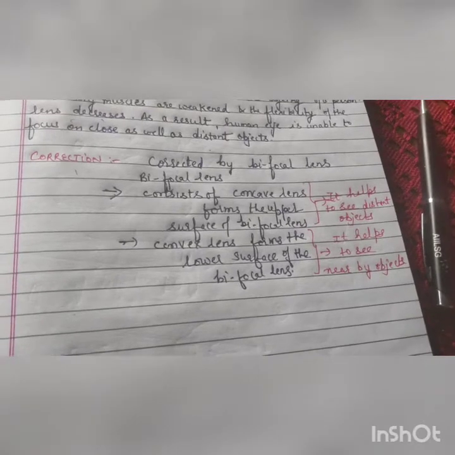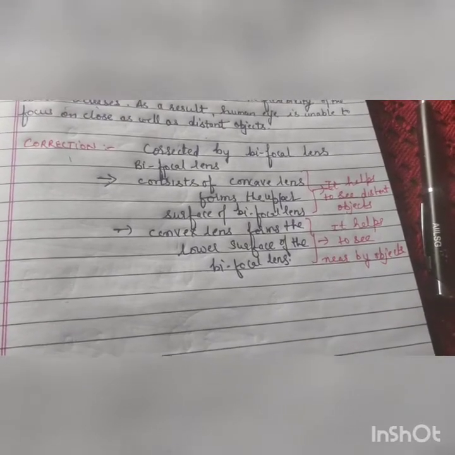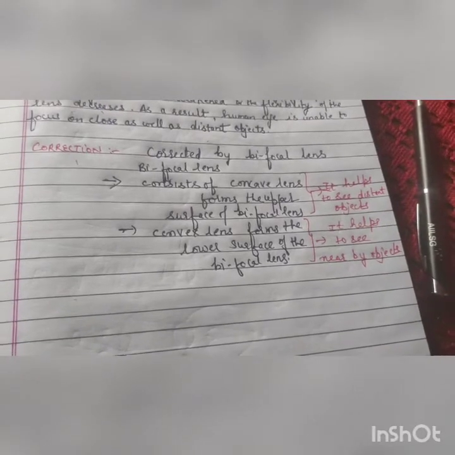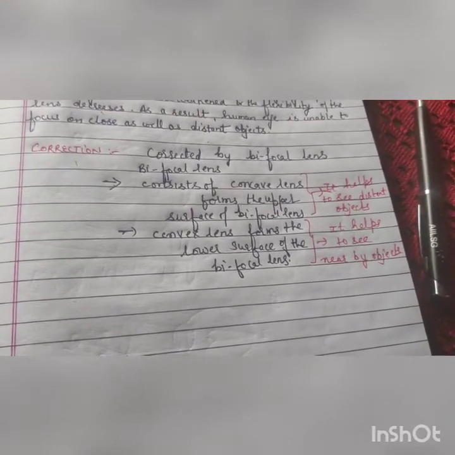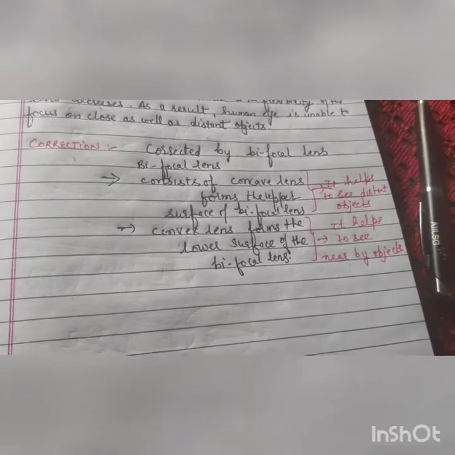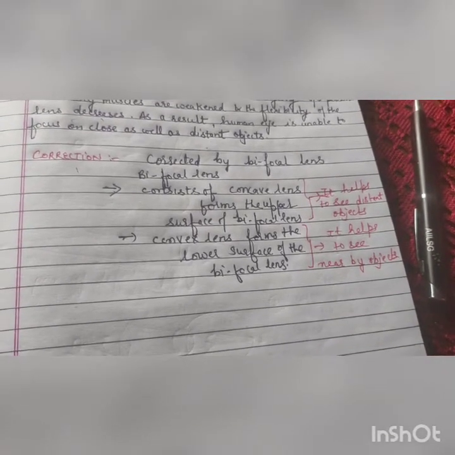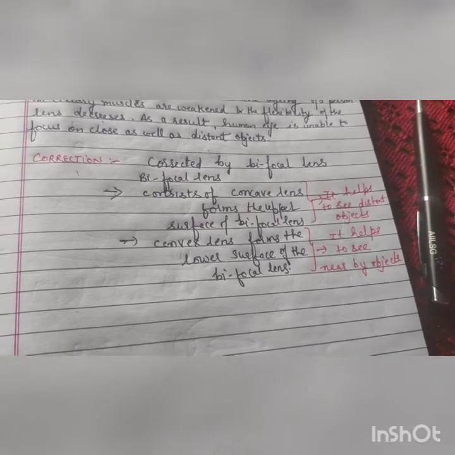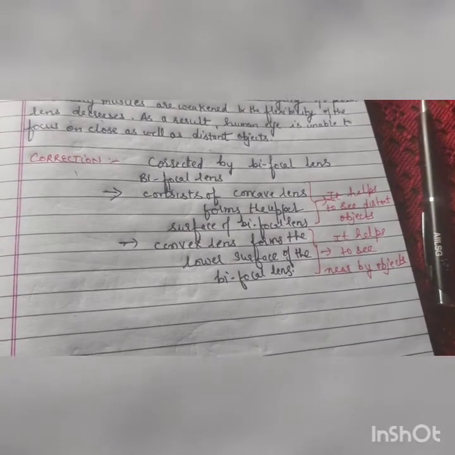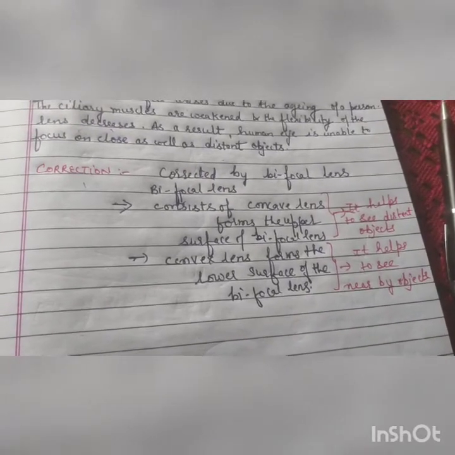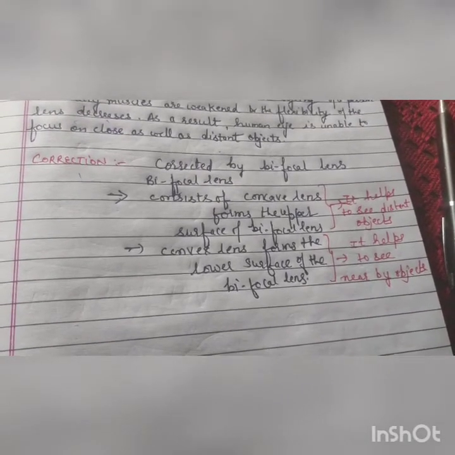There is a line in between and the upper part is made up of concave lens, and this lens helps to see distant objects. दूर का देखने में help करता है, and the lower part helps to see the nearby objects. नज़दीक की चीज़ों को देखने में help करता है. So I hope it is clear.